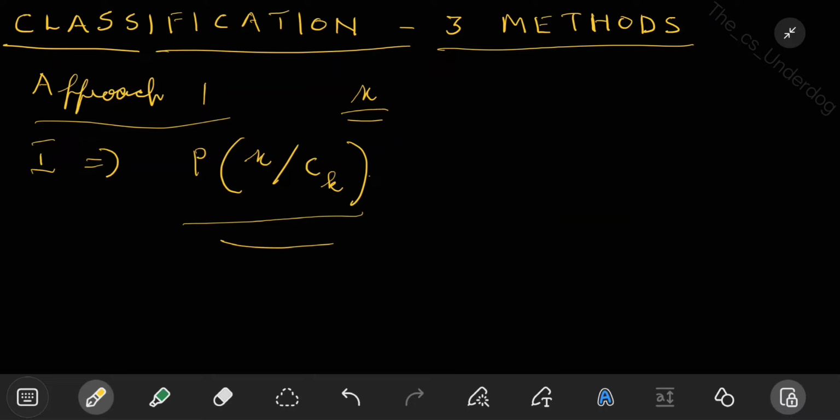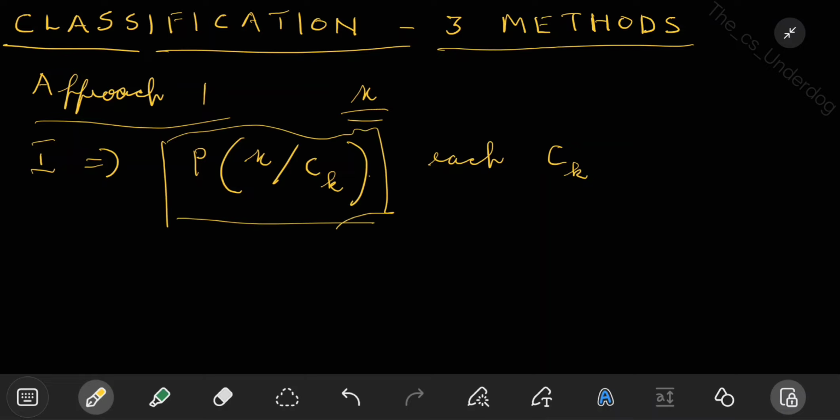Given that the class is this particular class, what is the probability of X? This is your class conditional density. So for each class Ck, you have to identify the class conditional density. This is your first task. Your inference problem in your first approach is this.